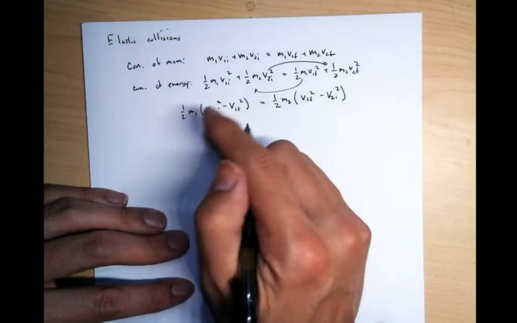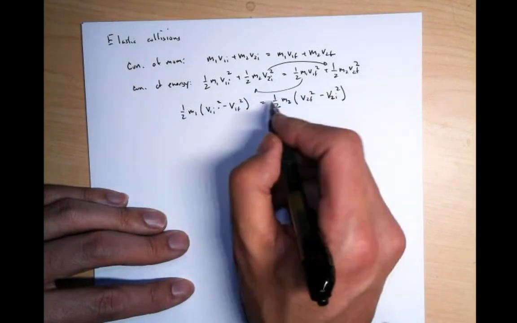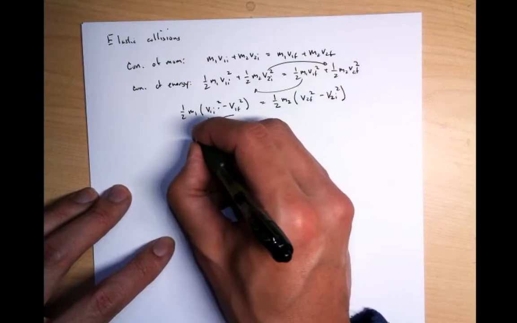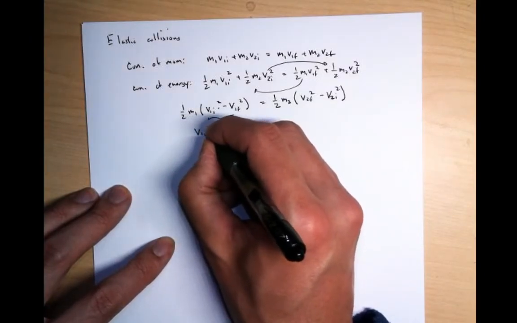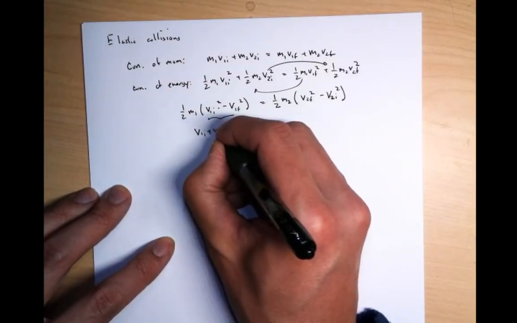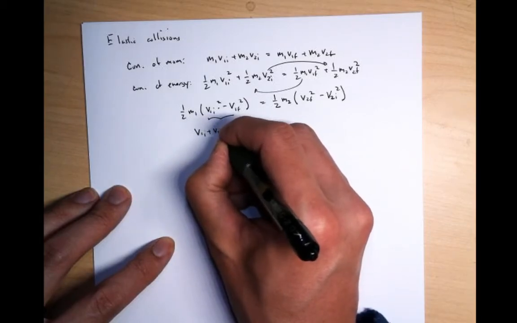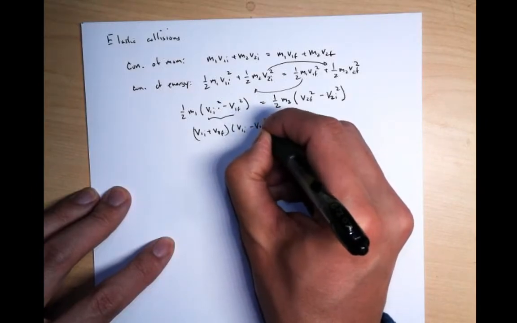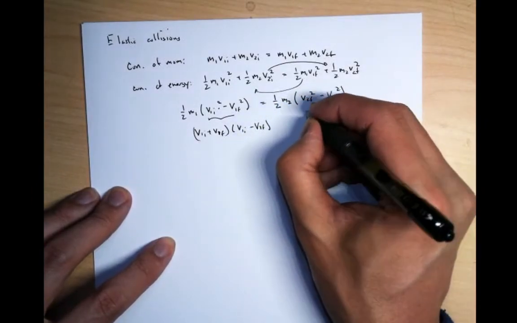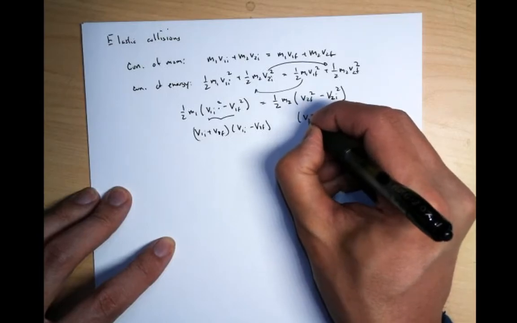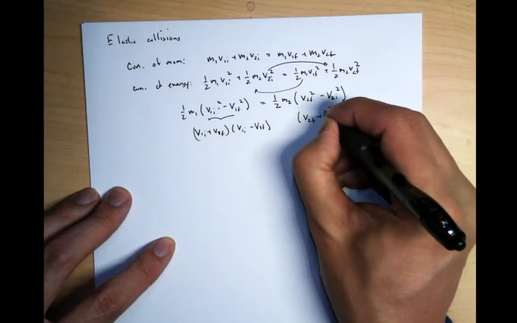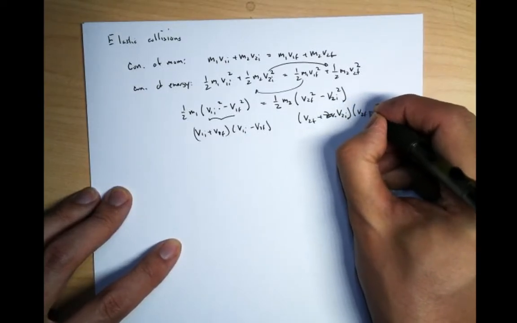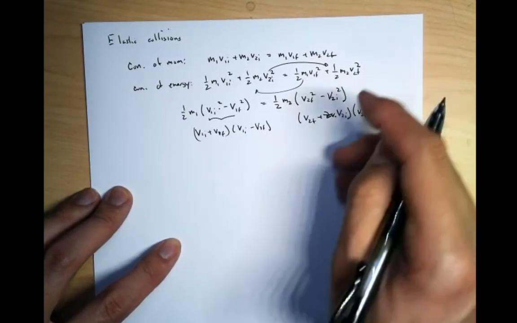Okay, just keep in mind that the signs flip, right? And so this term right here can be written as (v1i plus v1f) times (v1i minus v1f). This thing here can be written as (v2f plus v2i) times (v2f minus v2i). Okay.